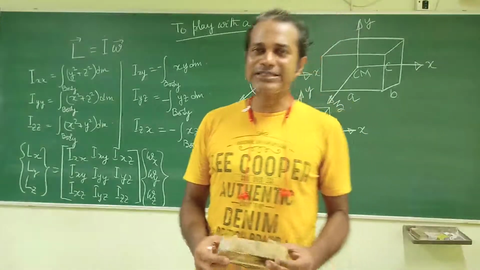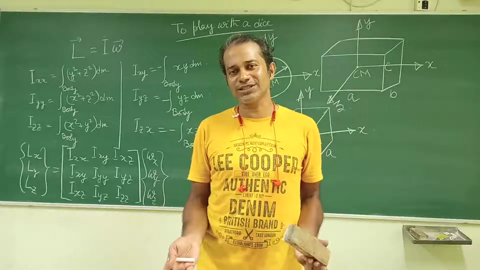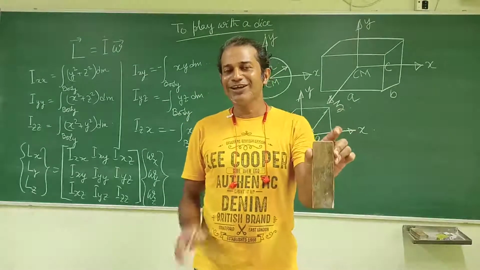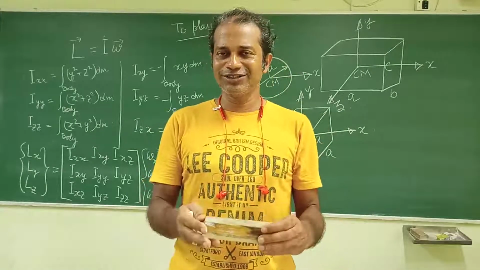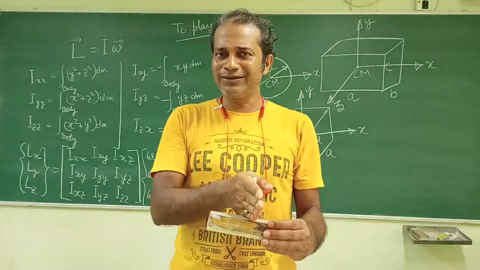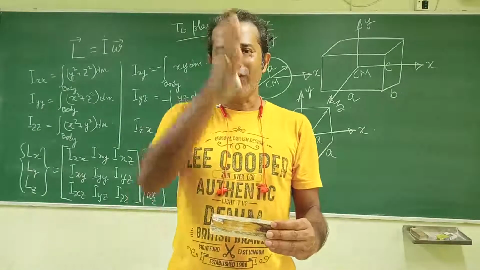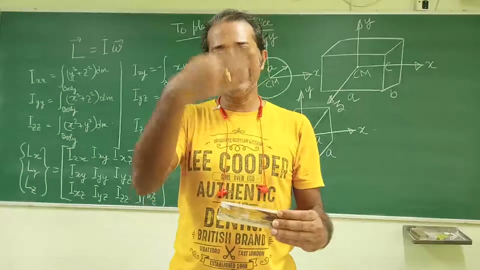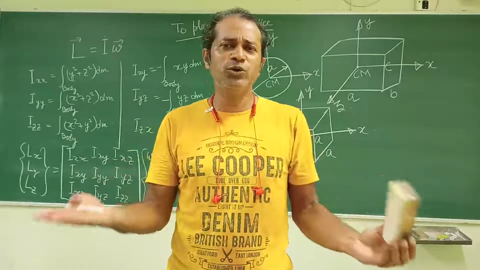If the body has two planes of symmetry, then all the products of inertia are 0. Now look at this duster. What have I talked about so far? I have talked about the yz plane and the xz plane. There exists an xy plane as well, but I don't need it.